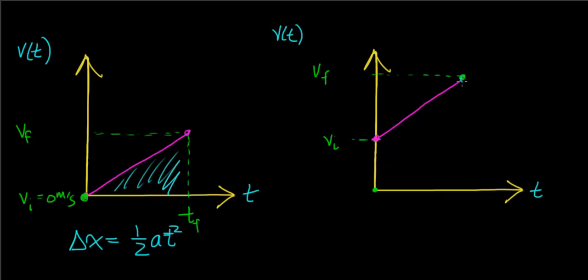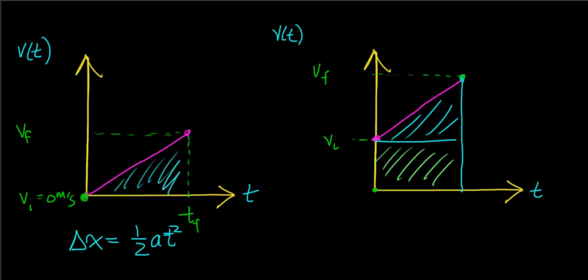Now in this case, the area under this curve is equal to two areas. In one case, it's equal to the area of a triangle, and in the other case it's equal to the area of a rectangle. The height of the triangle can be represented by v final minus v initial, and the height of the rectangle can be represented by v initial.